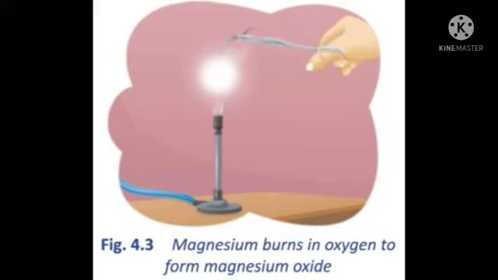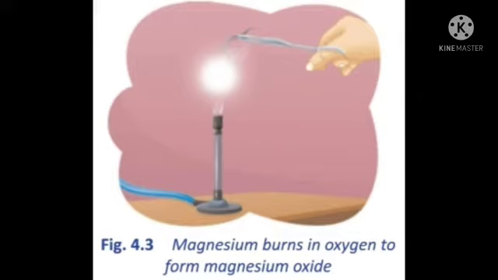First, identify the reactants and products of the chemical reaction. Then write the names of the reactants on the left hand side with a plus sign between them. Then write the names of the products on the right hand side with a plus sign between them. In between the reactants and the products, we draw an arrow. Then replace the names of the products and the reactants with symbols and formulae. This gives the chemical equation.